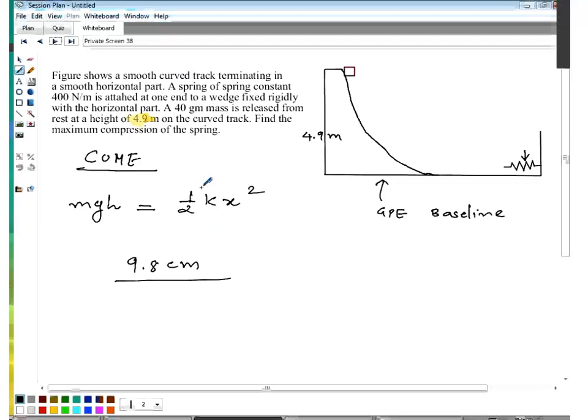But here I have used it for spring potential energy. I think this needs some elaboration. How do we get spring energy as half kx square?